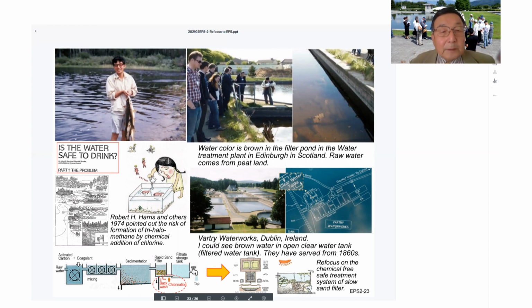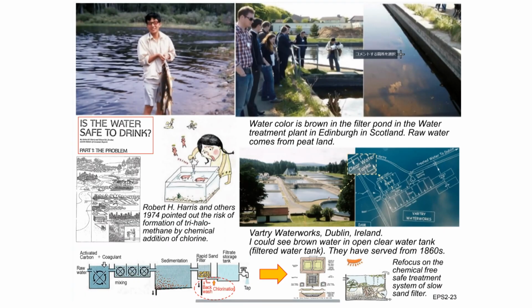I visited many countries, in the northern regions of Canada and Scotland, where the water is black or brown in color. They don't care about the brown color. They care about the chlorination.